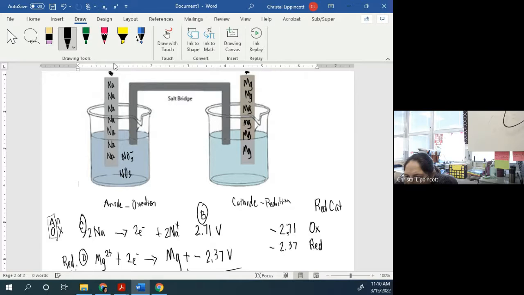And let's use sodium. It has to be the same metal ion that exists in this metal, although I don't know that that necessarily matters.